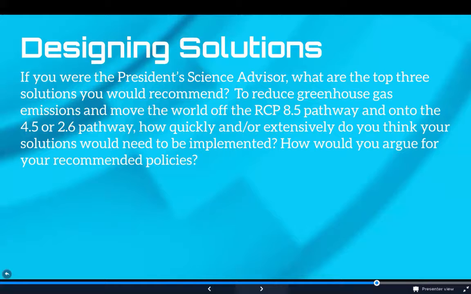To reduce greenhouse gas emissions and move the world off the RCP 8.5 pathway and onto a lower pathway, how quickly or extensively do you think your solutions would need to be implemented? How would you argue for your recommended policies? So at this point, when we're thinking about designing solutions, we really want students to start to consider how to affect change.